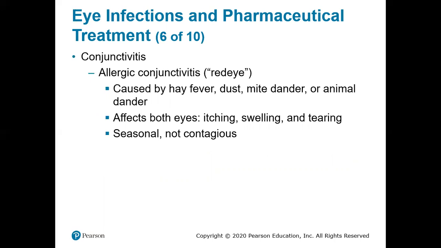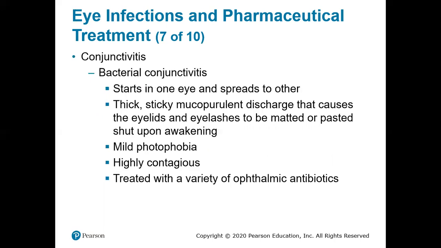Allergic conjunctivitis or red eye is caused by hay fever, dust mites, or animal dander. It affects both eyes, with itching, swelling, and tearing. It's seasonal but not contagious. Bacterial conjunctivitis, this is page 379, starts in one eye and spreads to the other.